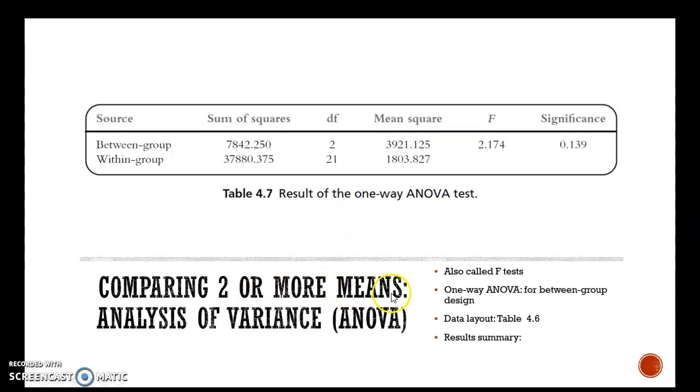To compare two or more means, we use analysis of variance, ANOVA for short, also called the F test, for between group, where each participant only does one test for one condition. That is for one-way ANOVA.